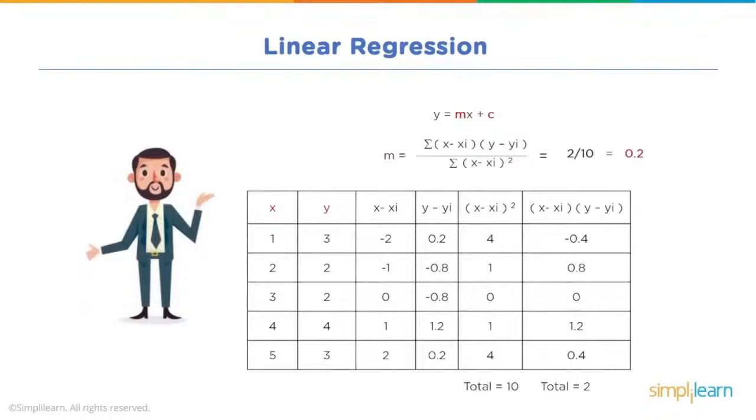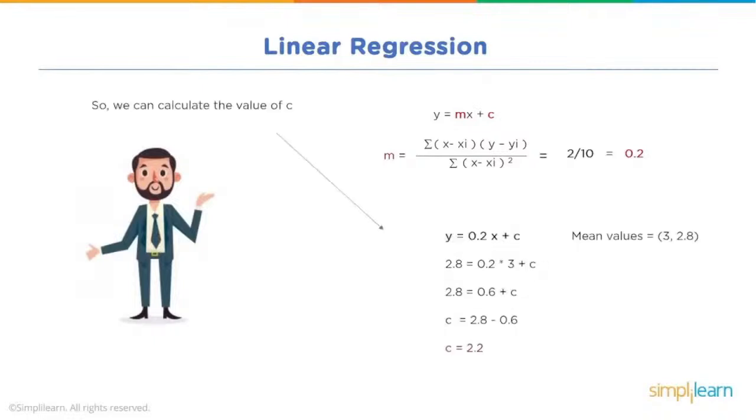When we plug those in, we get 2 over 10, which equals 0.2. So now we know the slope of our line equals 0.2. Next we calculate the value of c, where the line crosses the y-axis. If you remember, I mentioned earlier that the linear regression line has to pass through the mean point we showed earlier.